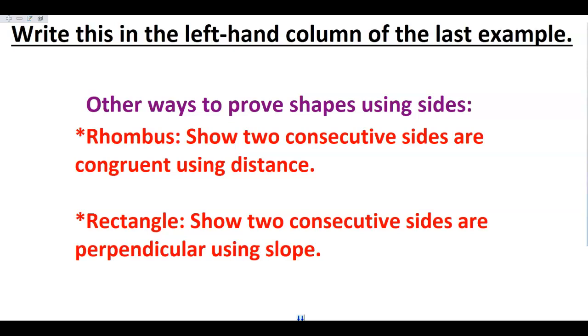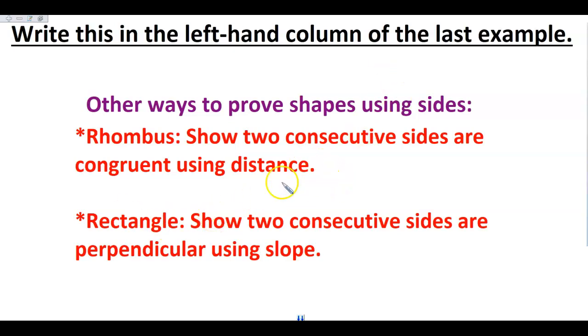But I want you to have information written down of how we can do this using sides. So, for your rhombus, you're going to show two consecutive sides are congruent by using the distance formula. Because again, we were given a parallelogram. And for the rectangle, we can use our slope to show that consecutive sides are perpendicular.